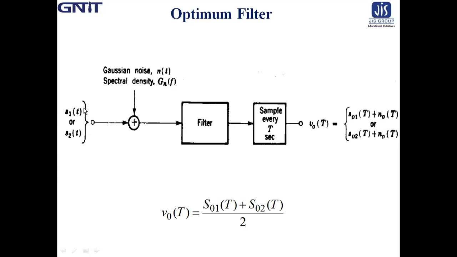So the input S1(t) or S2(t) is corrupted by noise n(t), which is considered as a Gaussian noise whose spectral density is Gn(f).